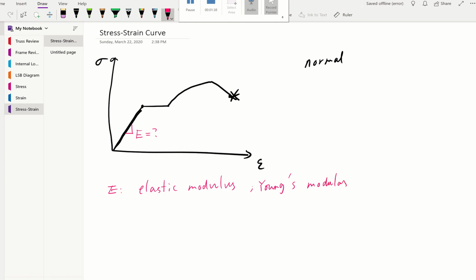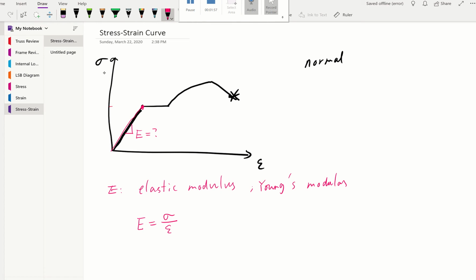How do we define this? Since it's a slope, it's rise over run: rise will be your stress, and run will be your epsilon. And this is the highest limit where it's still proportional, following this elastic region.